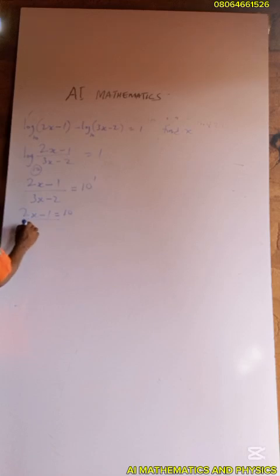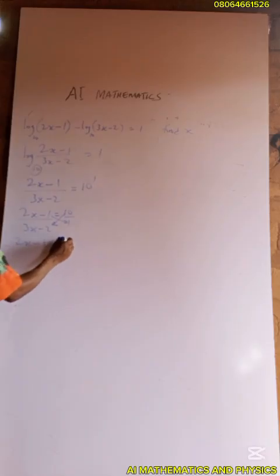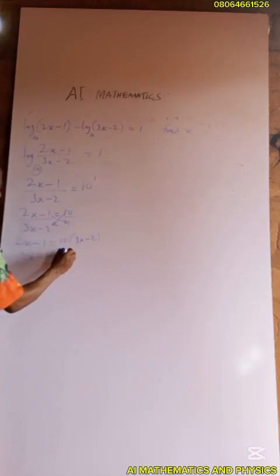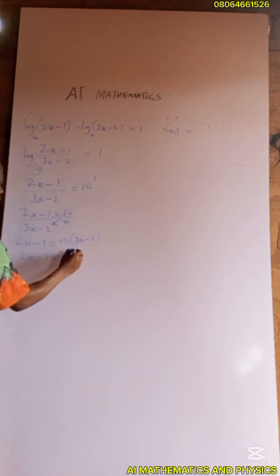So 2x minus 1 equal to 10 over 3x minus 2. But because of this, we cross multiply. This times everything here, this times everything here. So we have 2x minus 1 equal to 10 times 3x minus 2, that's 30x minus 20.